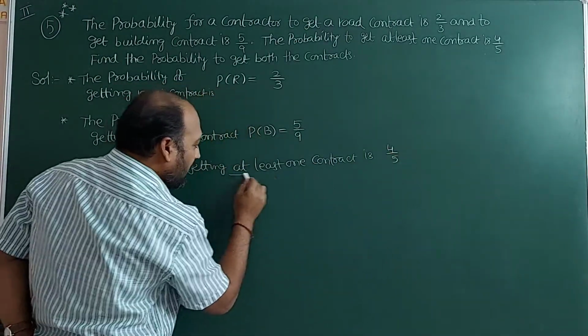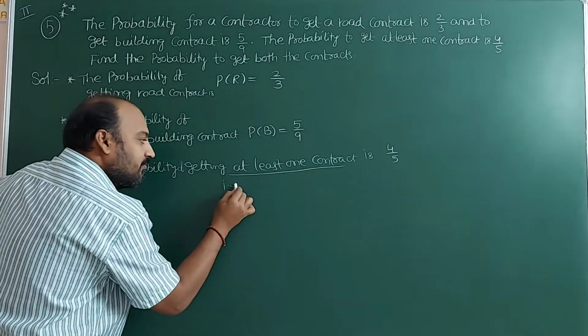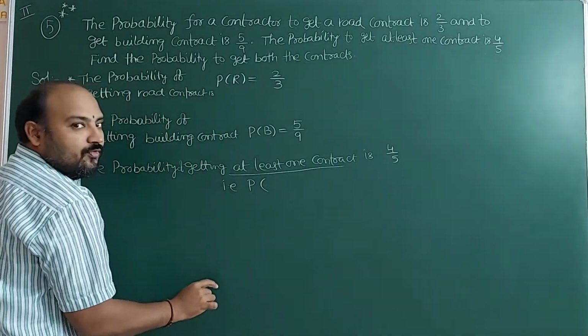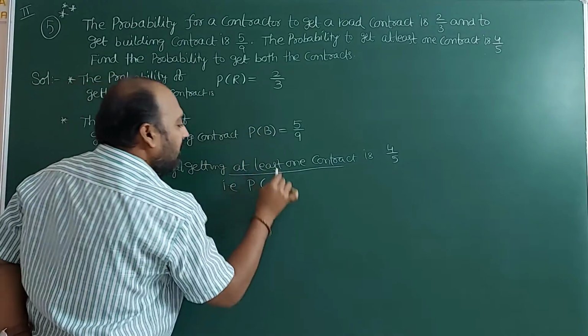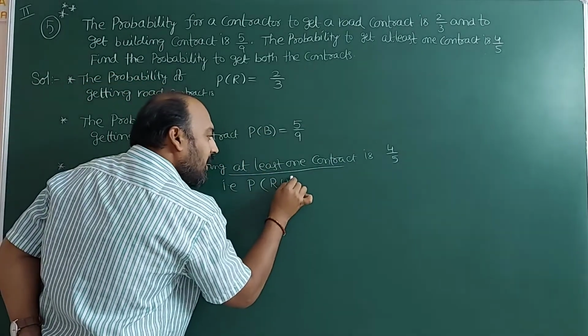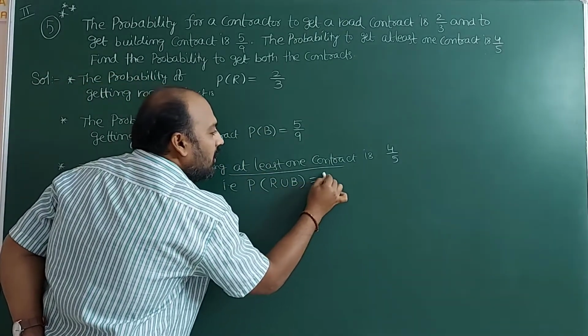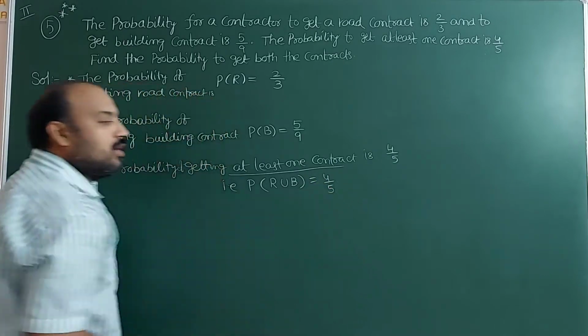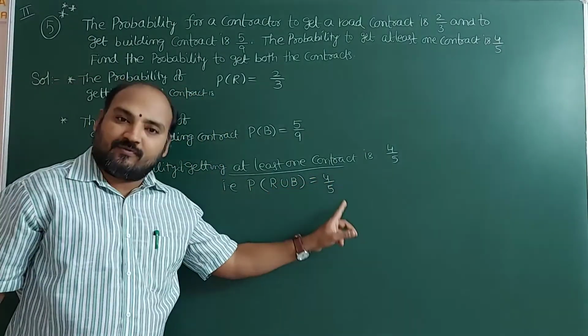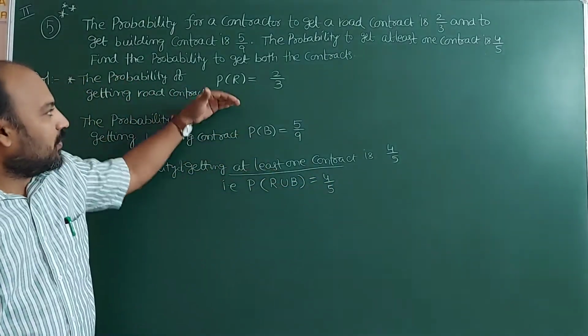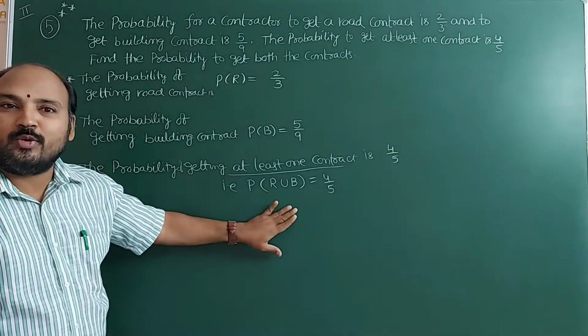At least one contract means P of R union B, either road contract or building contract. P of R union B is equal to 4 by 5. So P of R, P of B, P of R union B.